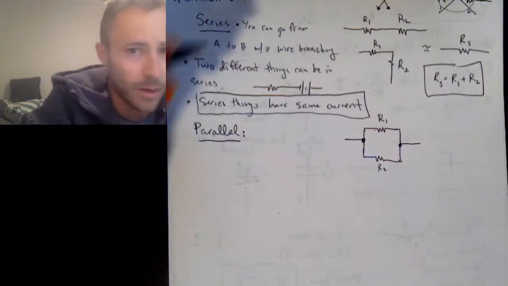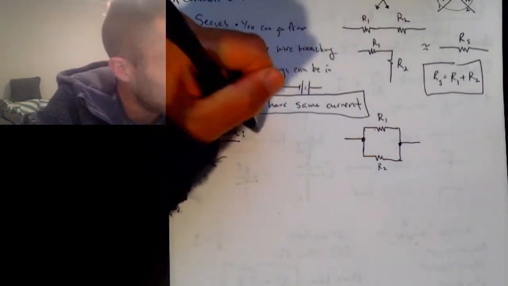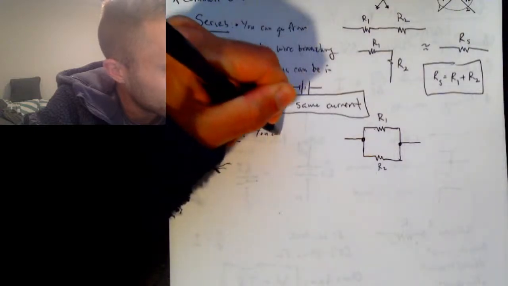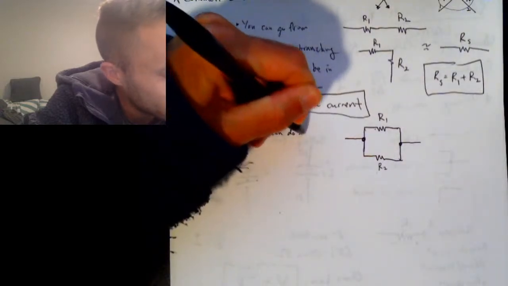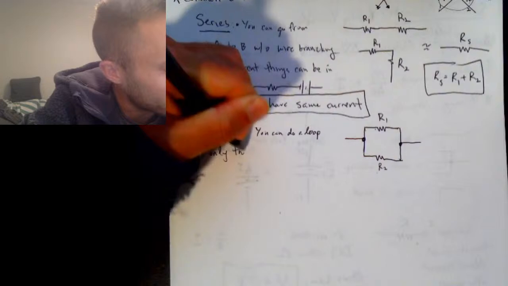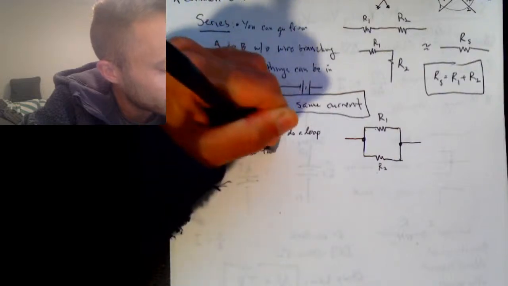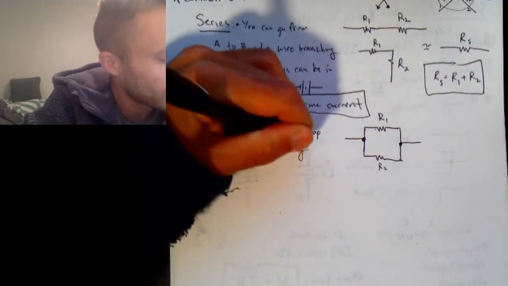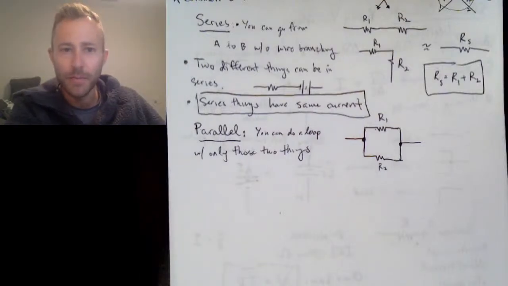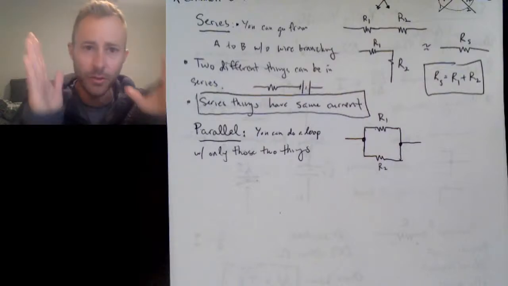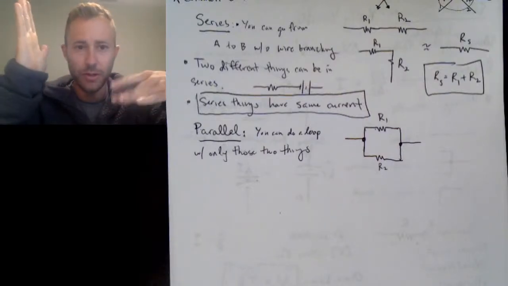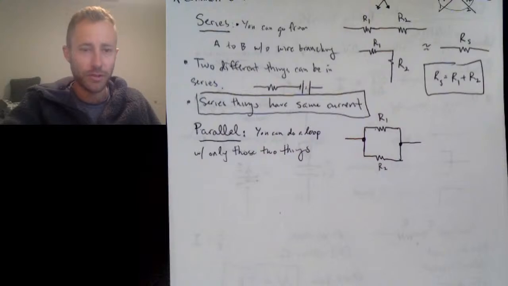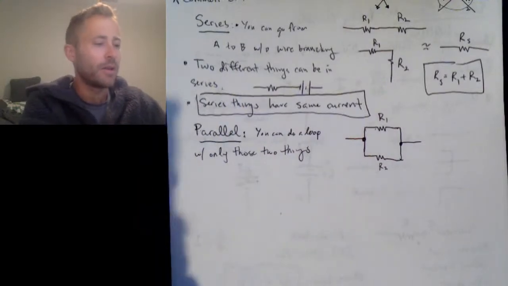If you can do a loop with only those two things, then they are in parallel. So it has nothing to do with the direction that the resistors are pointing. You can have resistors pointed in different directions and still be in parallel.